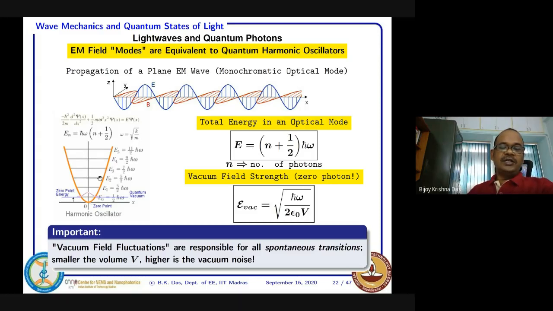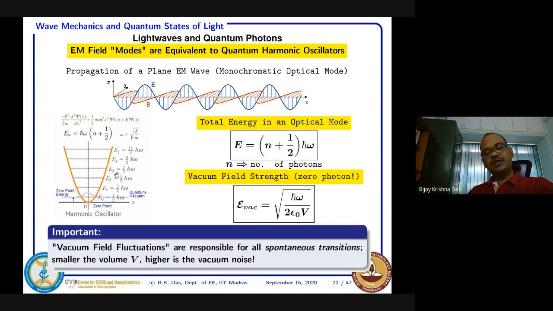And the energy solutions will be like this. When n equal to 0, it is called E naught equal to half h bar omega. For n equal to 1, it is 1 plus half, so 3 over 2 h bar omega, then 5 over 2 h bar omega, 7 over 2 h bar omega. These are the solutions you will be getting.